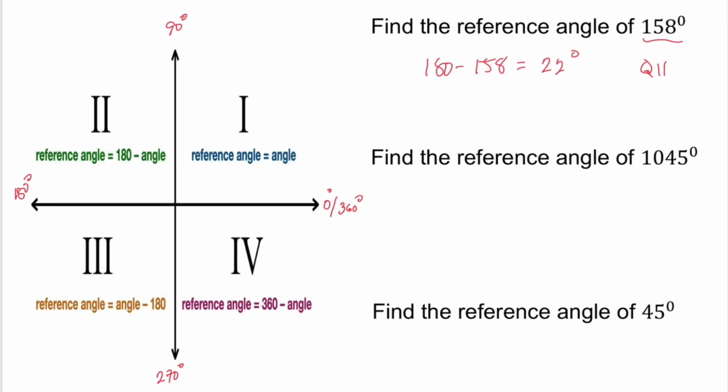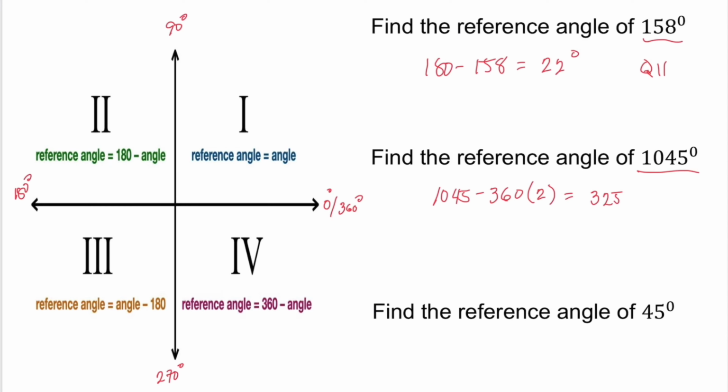Next is find the reference angle of 1045. So, medyo malaki siya. So, hindi siya pasok dun sa 360 kasi sobra-sobra siya. So, ang gagawin natin dito is to subtract. So, 1045 minus 360 times, kailangan natin ng dalawang revolution. So, this will be equal to 1045 minus 360 times 2 is 325.